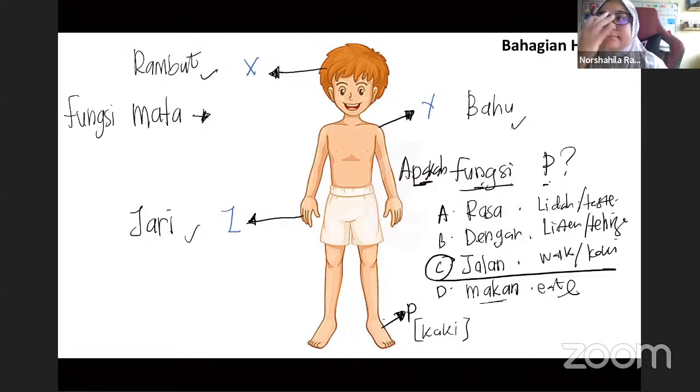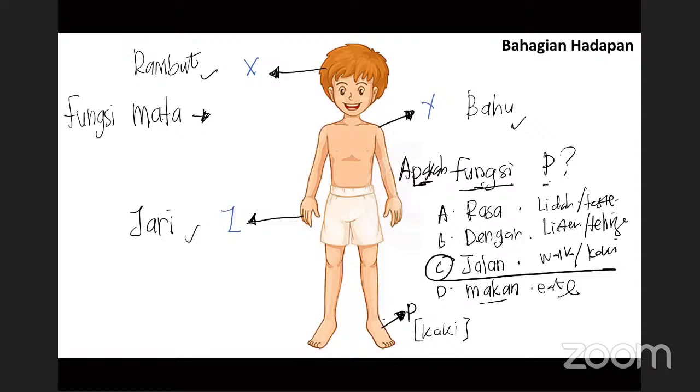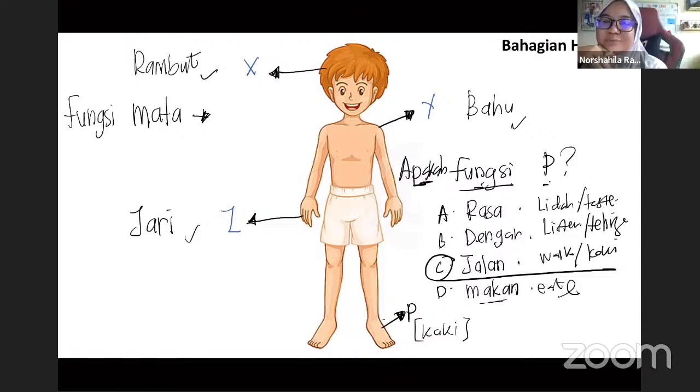Eyes. What is the function for eyes? To see, yes. To see in Bahasa Melayu we call lihat. You want to lihat anything. So see is lihat. This is the function of our mata.